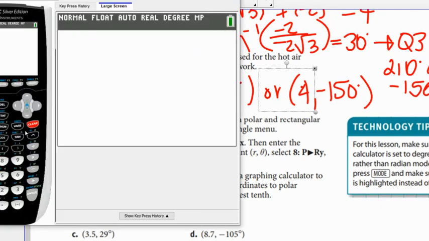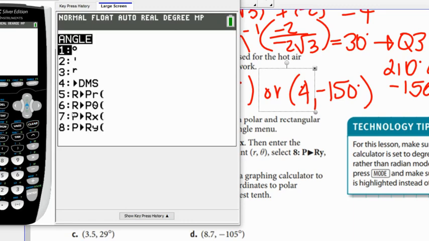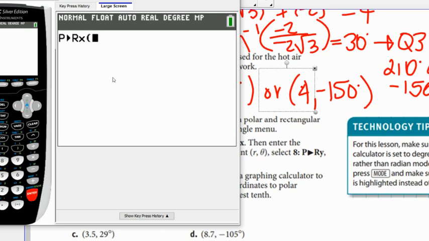So if we go under the second and then the angle menu, so second apps, you'll see these down here. So what you can do is if you're looking to go from x to y, you would take 7, and then when you type this in, you're going to type it in as your r comma theta. So we have, for the examples down here, let's say we're looking at part C, 3.5 comma 29 degrees.